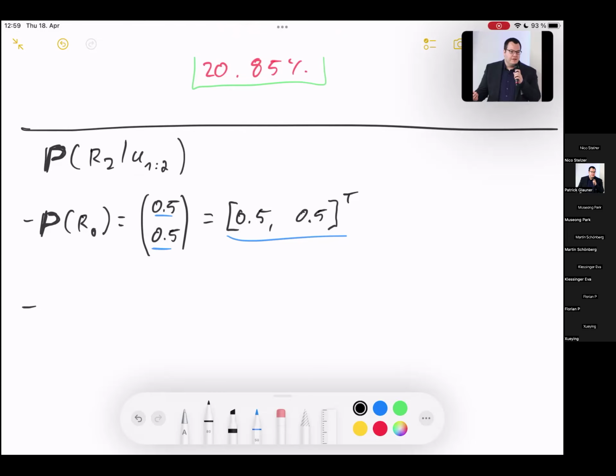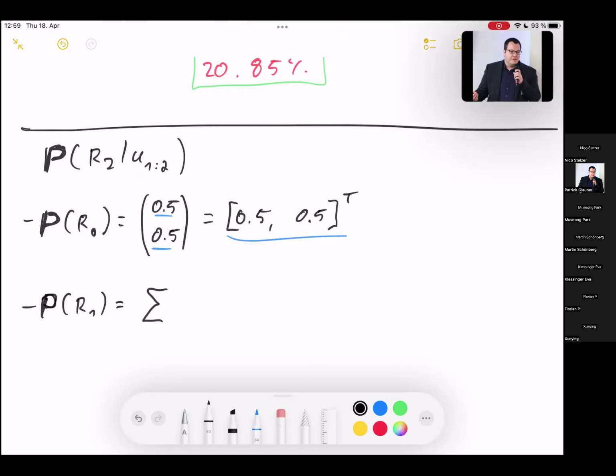And now I want to know what's the probability of having rain at R1. I can calculate this with these past equations.